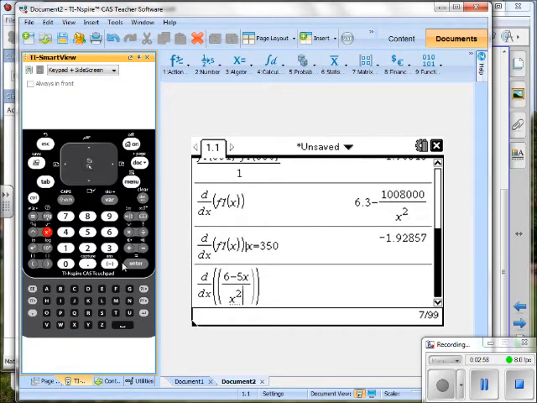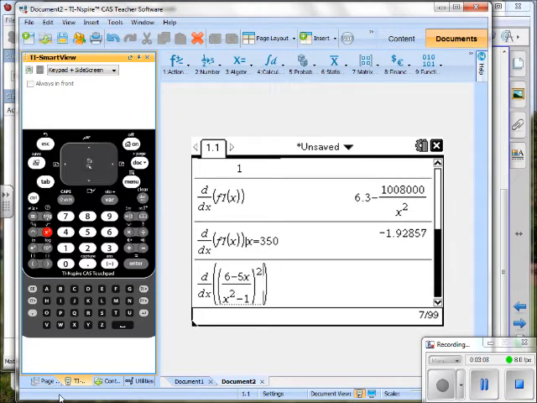Let's make sure I don't forget something, though. I put that extra set of parentheses there because I want to make sure I'm able to square that quantity. I'll step back and look at it. Does it look right? Now, we may be lucky. Maybe the answer in the Inspire is exactly like our answer. It may not be, though.